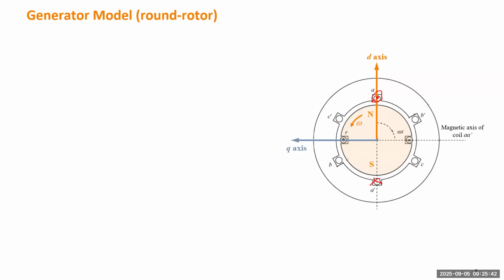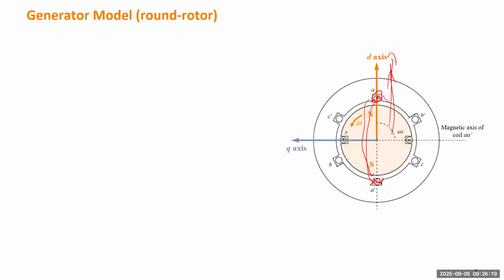So in which direction will this magnet be fully coupled with winding A? Assume the stator doesn't move. ABC will stay the same, but the rotor will revolve at a similar speed. At this position, the flux is going in this direction, right? But winding A, let's draw, is something like this, while the flux is going in this direction. So for this picture, the flux has no coupling with the winding because it is parallel with the winding.